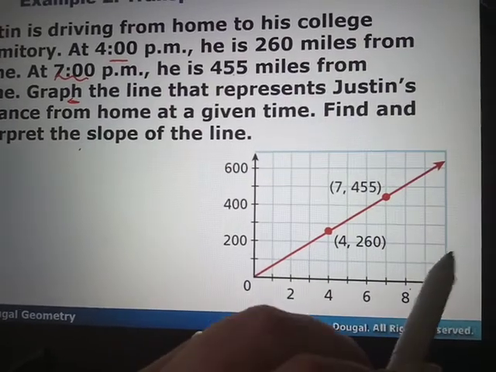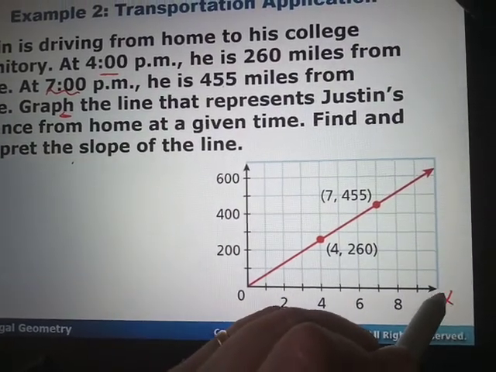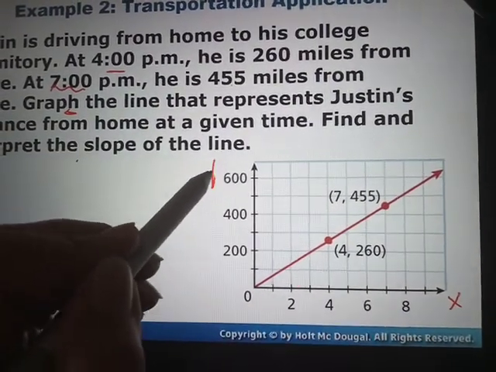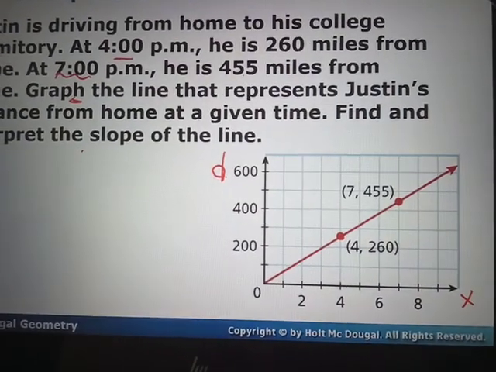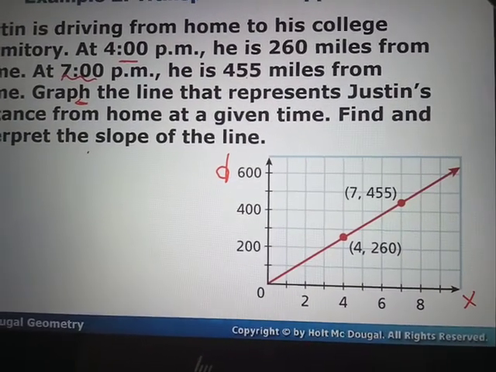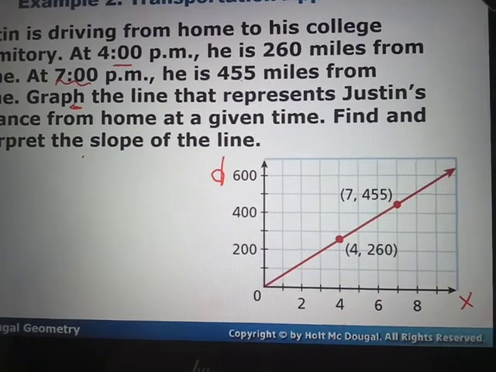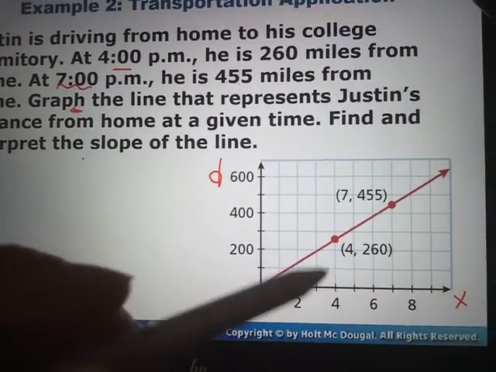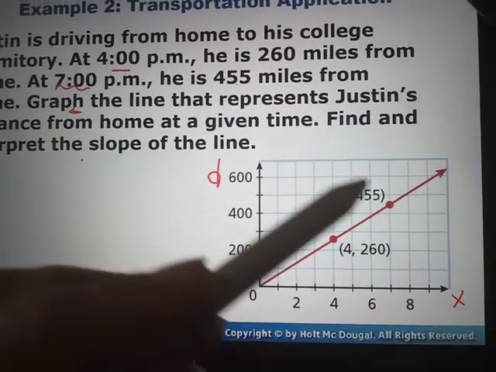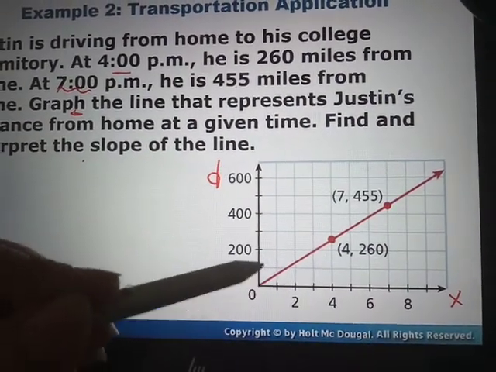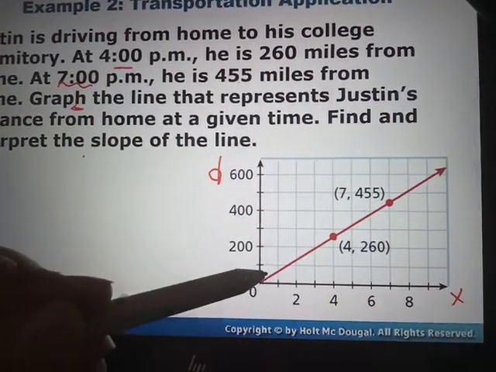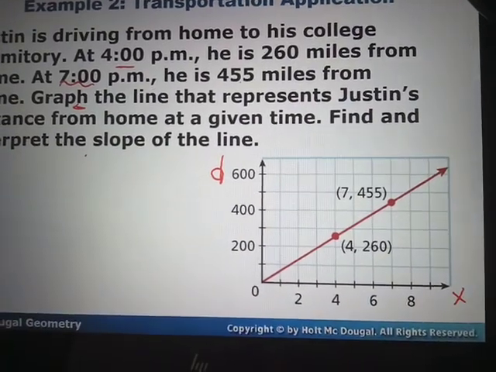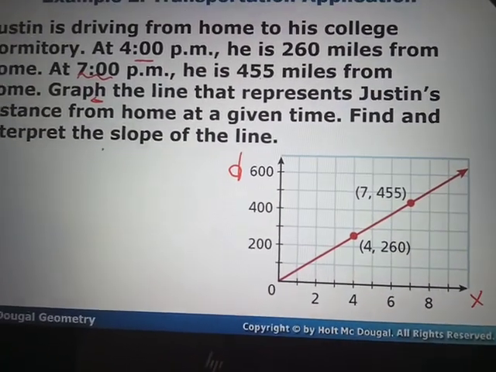Always the time is on the x-axis and the distance is on the y-axis. Why? Because the slope is change in y over change in x, and the speed is distance over time. So the distance must be on the y-axis and the time must be on the x-axis.